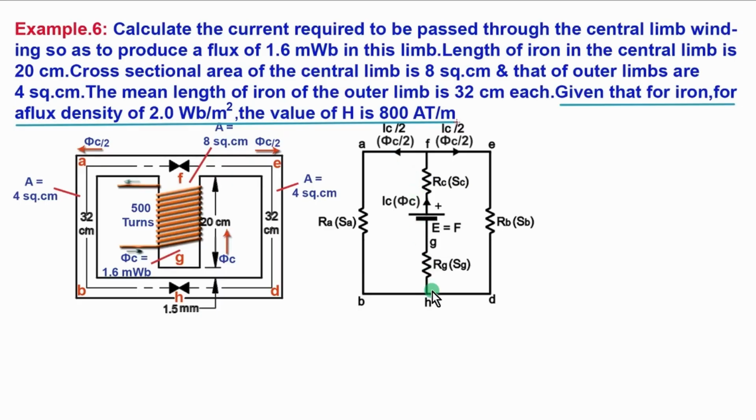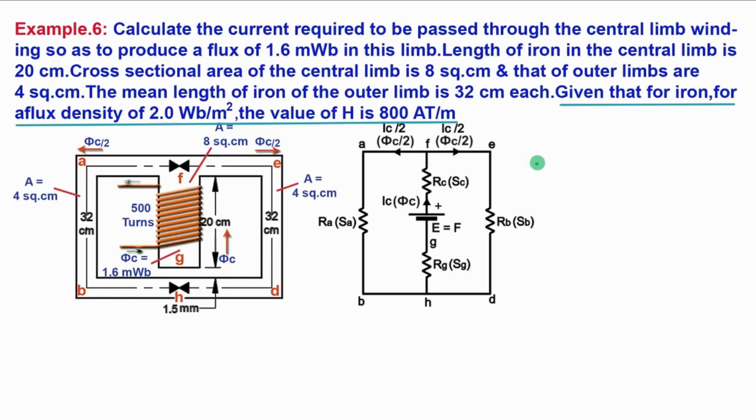In this electric circuit, for the closed path HGFABH, this E is equal to voltage drop in Rg, Eg, plus Ec, plus EFABH, that is voltage drop in Ra. Similarly here, total MMF is equal to MMF in air gap Fg plus MMF in central path Fc plus MMF through this path FABH.